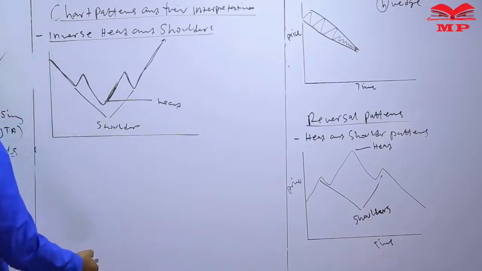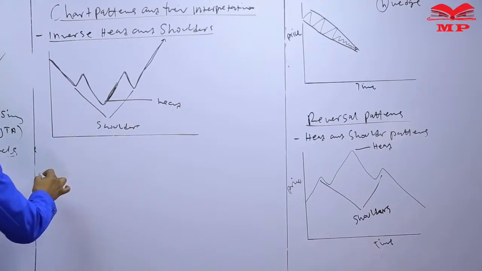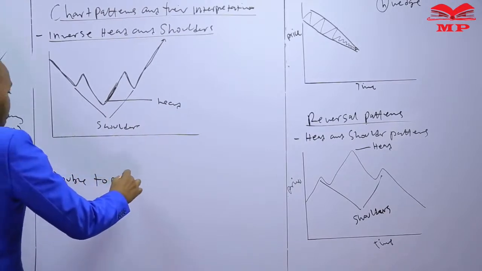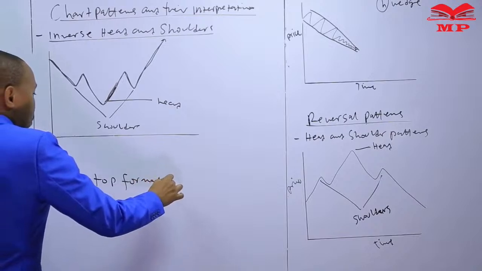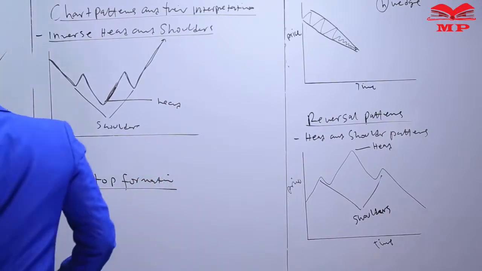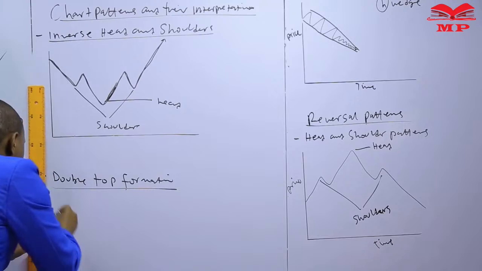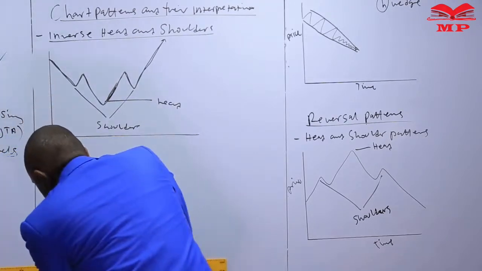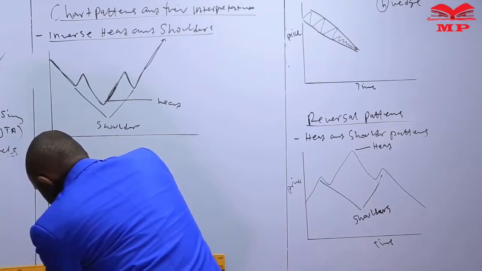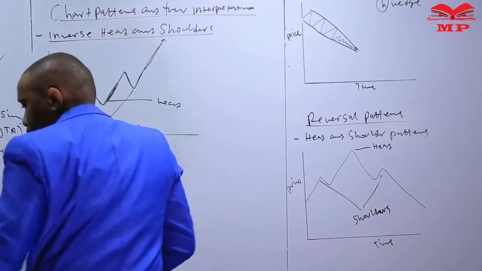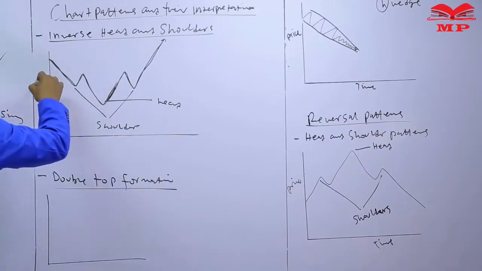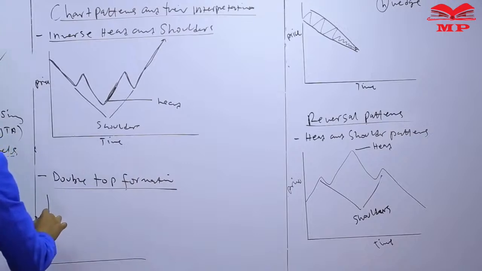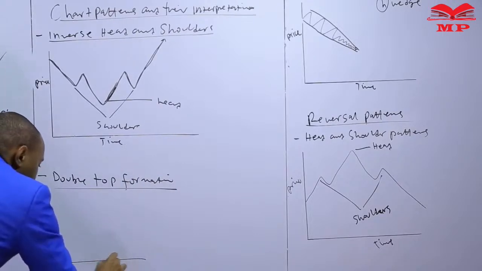Next one is a double top formation. Over here, what we can do, maybe a not so big diagram here. This is price, time, price, time, like that.